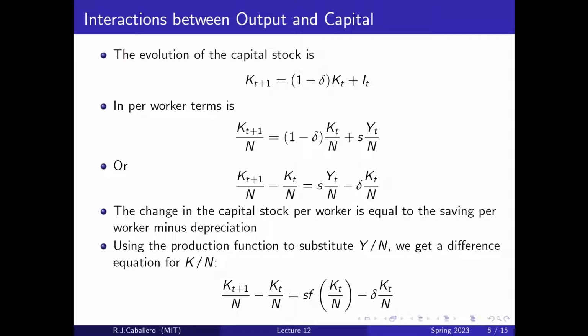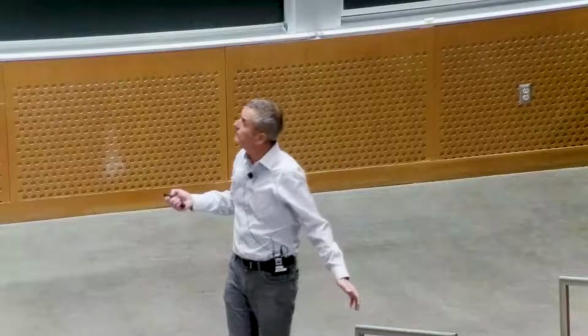I can divide both sides by n, no? And I get that capital per worker, or per person, is equal to this expression here. I did two things here. I divided by n, and I replaced this investment function for savings, okay? Because I know in equilibrium they have to be equal.